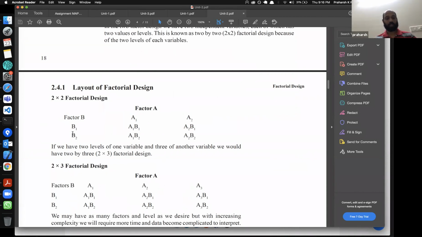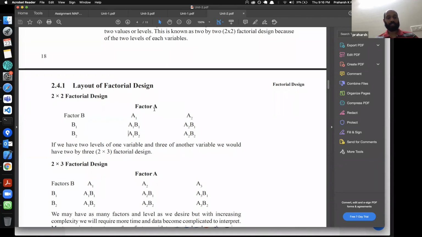Those are the 2 levels of this factor. So A1, B1 is up to 2 siblings below poverty line. A1, B2 is up to 2 siblings but above poverty line, and so on and so forth. This is a 2 into 2 matrix, easy to see.